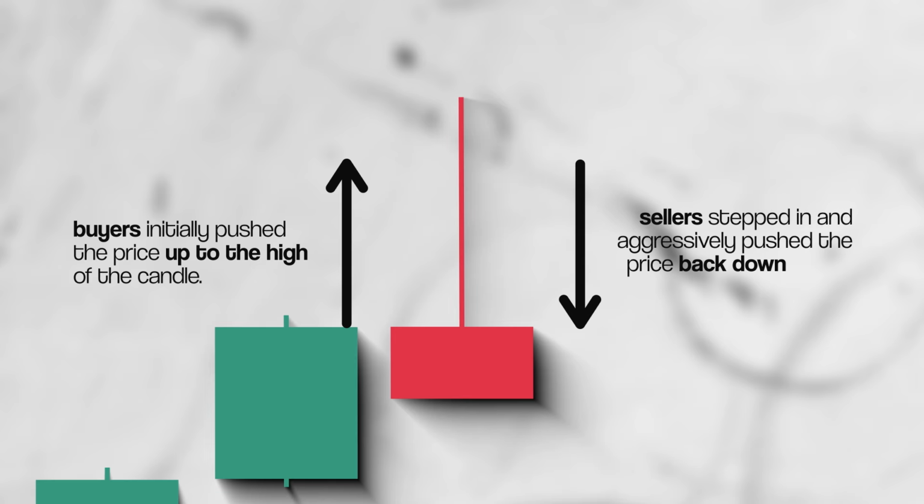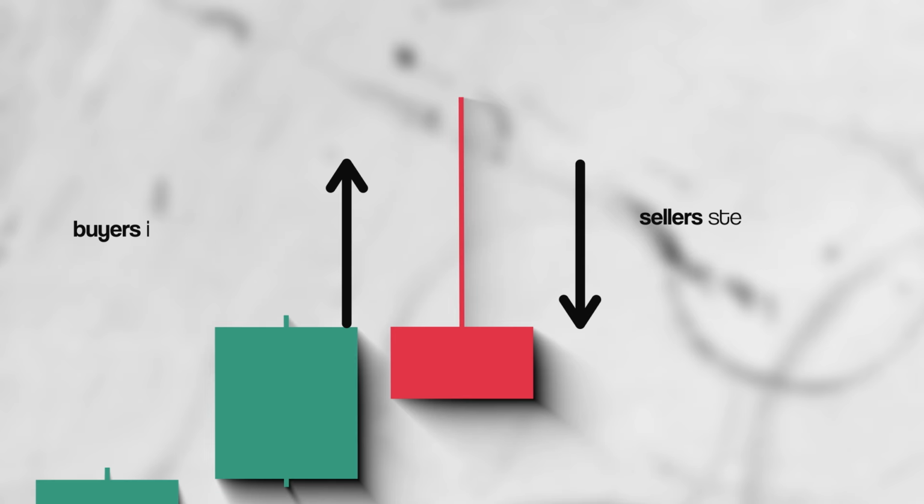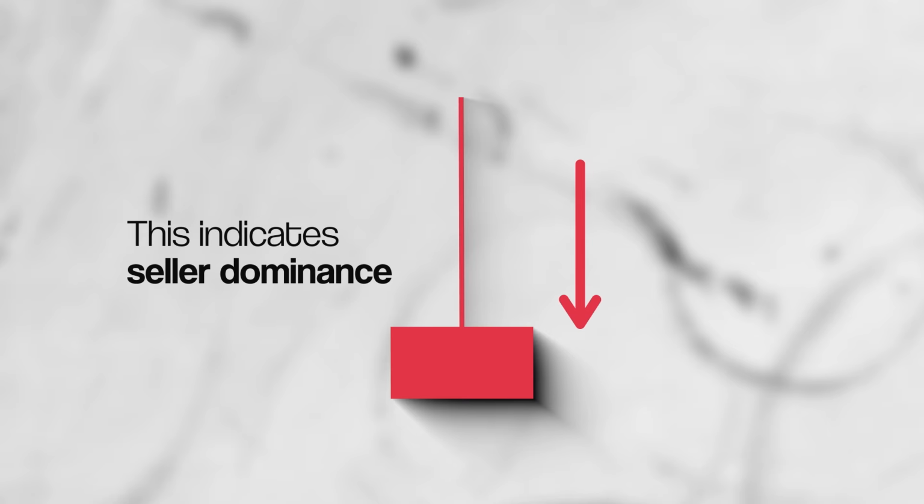This relationship between the body and the wick tells us that buyers initially pushed the price up to the high of the candle. But at that level, sellers stepped in and aggressively pushed the price back down before the candle closed. This indicates seller dominance and can suggest a continuation of a downtrend. Or if this candle appeared after an uptrend, it may signal a potential reversal to the downside.